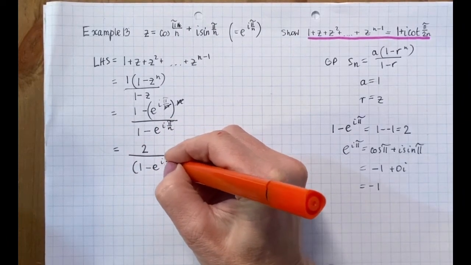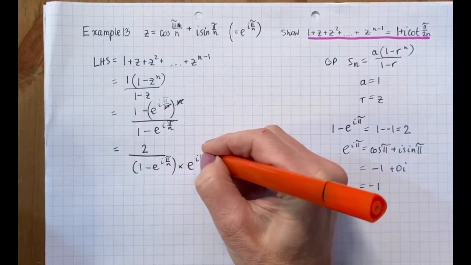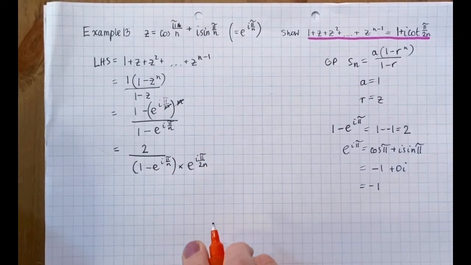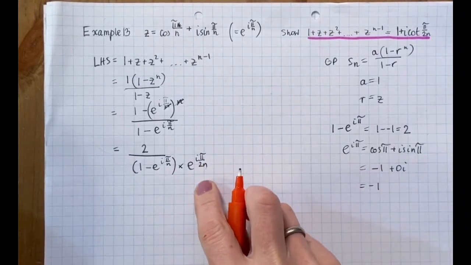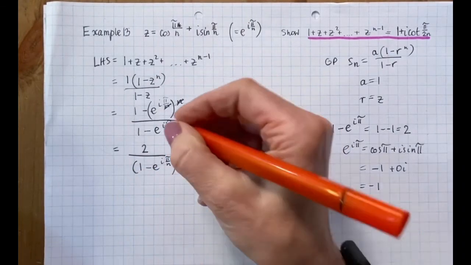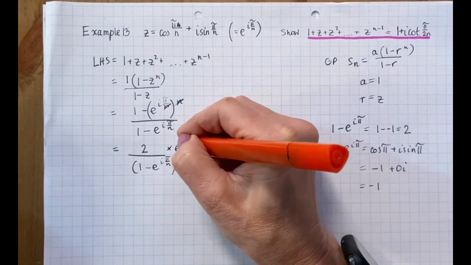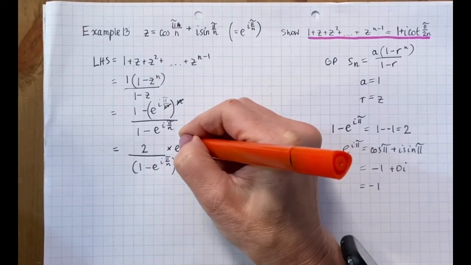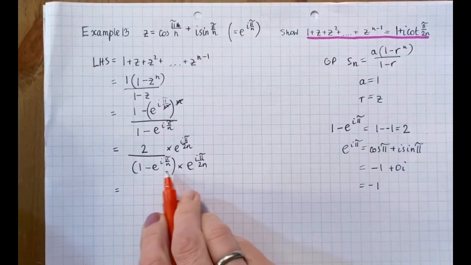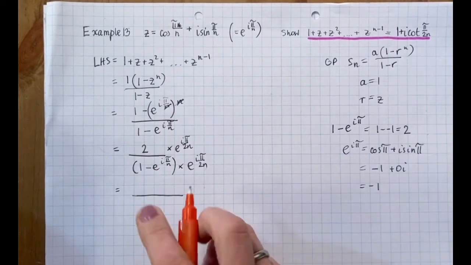So we're going to times it by e to the power of i pi over 2n, because if you halve pi over n, you are going to get pi over 2n. So in the fraction, if you multiply the denominator by e to the power i pi over 2n, you must do the same to the numerator. So let's multiply it out. You've seen it 4 times on the previous page.